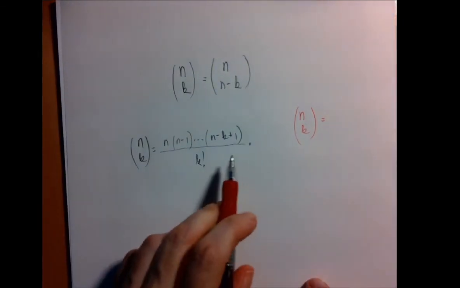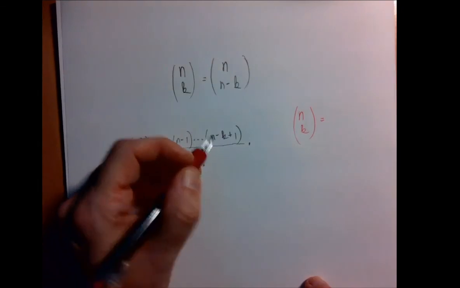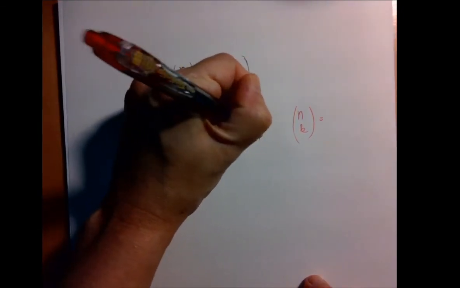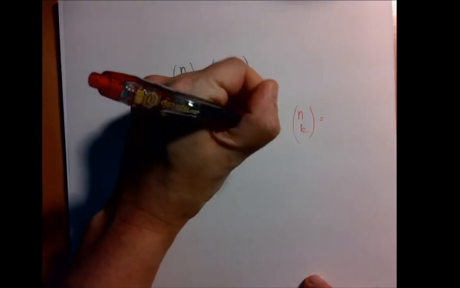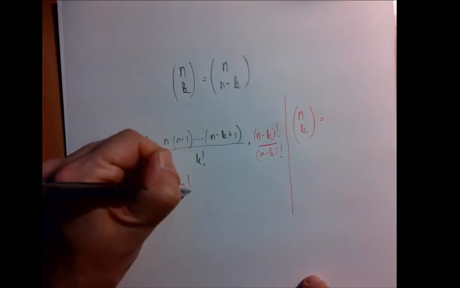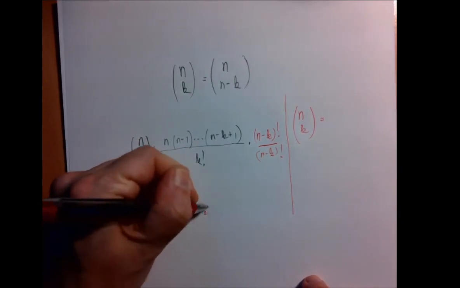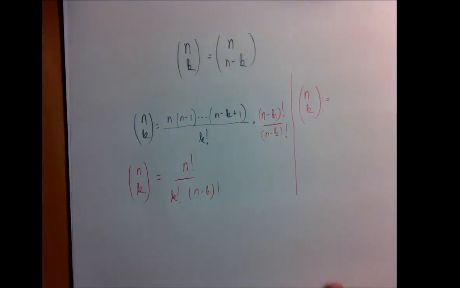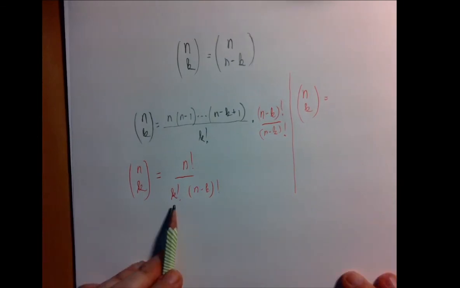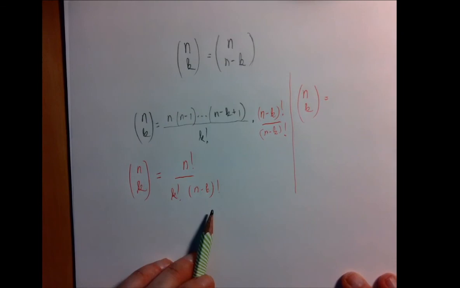And then we can turn the numerator into factorial if we just multiply by n minus k times n minus k minus 1, and so on, all the way down to 1, so that's n minus k factorial. And so then we get n factorial divided by k factorial times n minus k factorial. And in this form, it's almost trivially true that n choose k should be the same thing as n choose n minus k, because n minus k is k again.